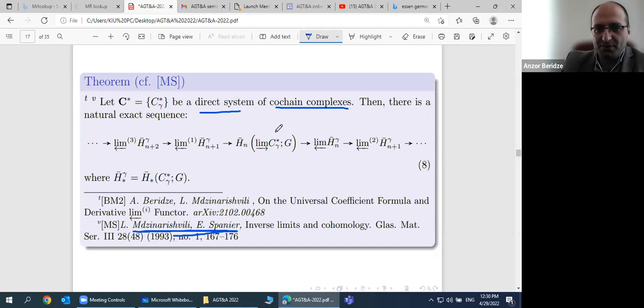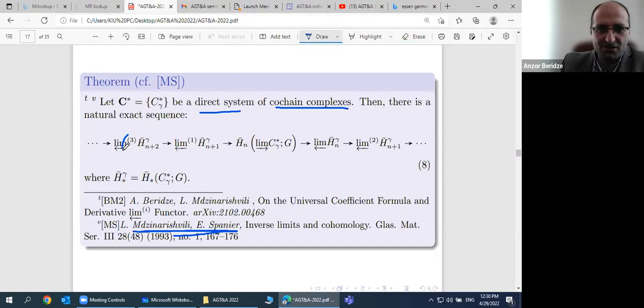Even if these cochain complexes are free, maybe the limit is not free, maybe the problem arises again. But in our case, for any inverse limit of cochain complexes, we have such a long exact sequence. This is a very essential long exact sequence because this is a generalization of the Milnor short exact sequence.